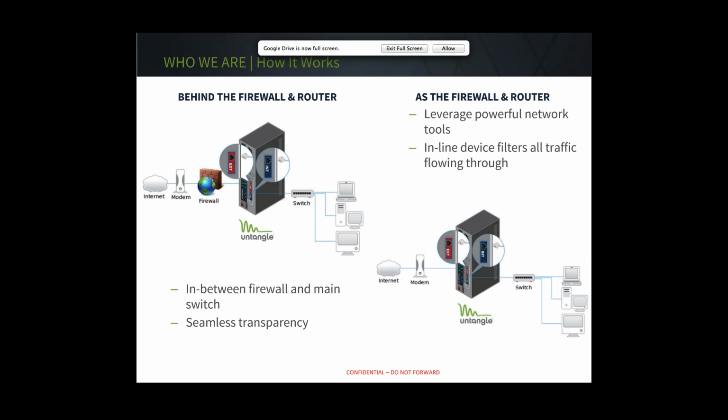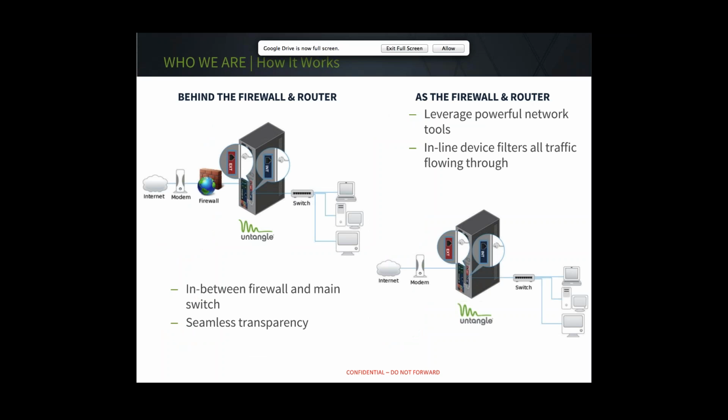So some might ask, if you're new to Untangle and you're not exactly sure how to deploy it, what are the options you have? This screen really depicts two options that you have in terms of deploying our product. The first, on the left-hand side, depicts what we call a transparent bridge, and this is simply putting Untangle behind your firewall in the main switch.